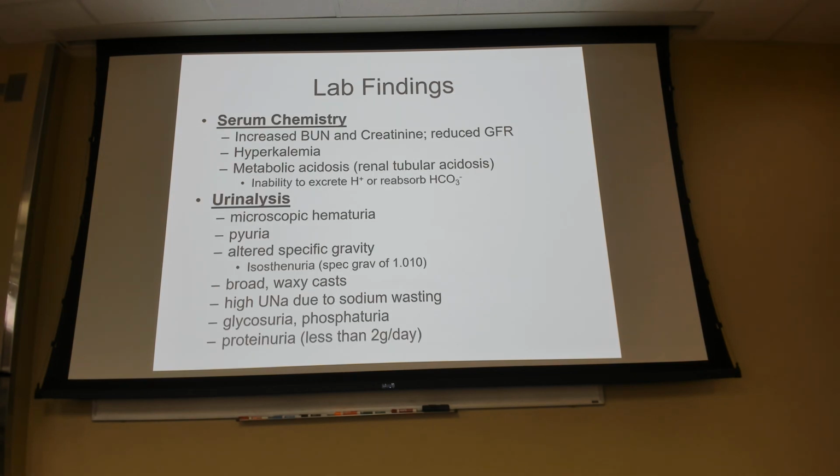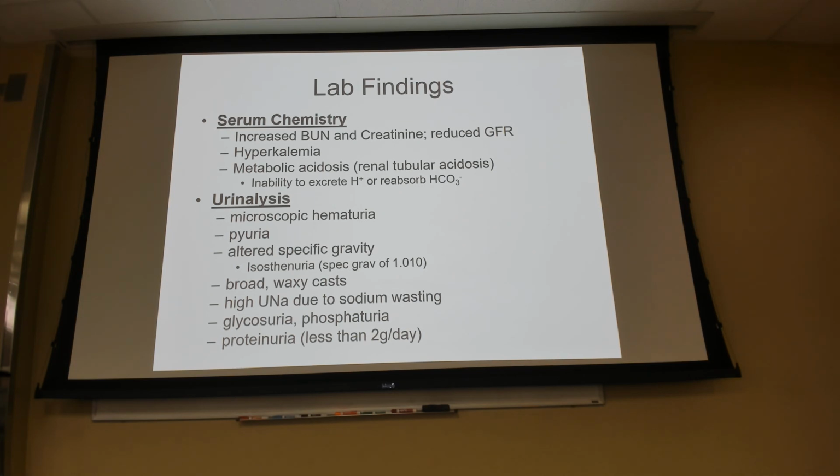So, lab findings generally. I know we haven't talked about isosthenuria on this list yet, but does anything on this list not make sense in the picture of a kidney that is now chronically ill and not functioning correctly? Any of it? Seriously, if you just look at the list, does anything stand out?